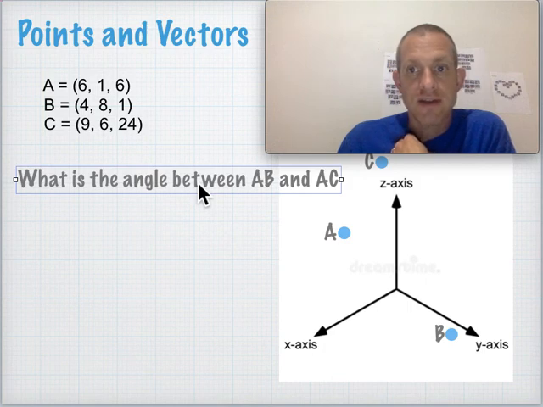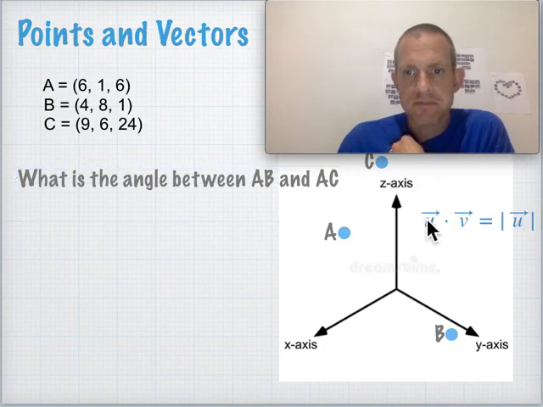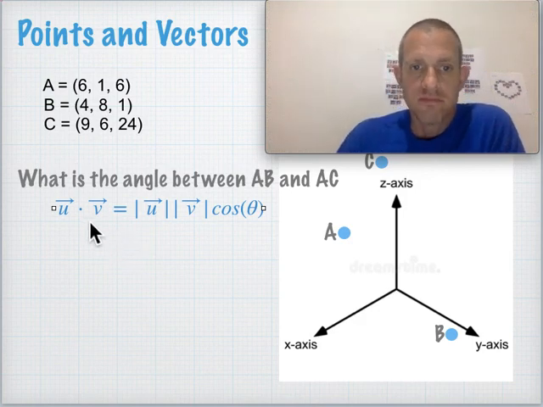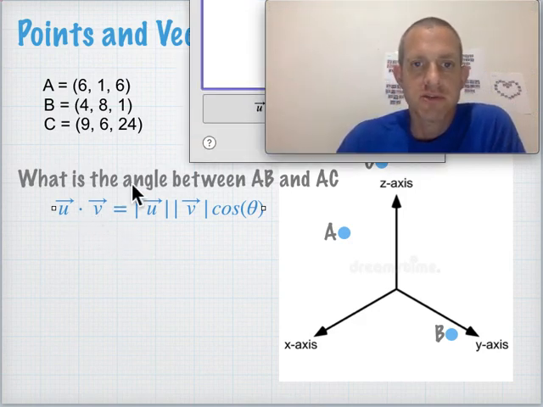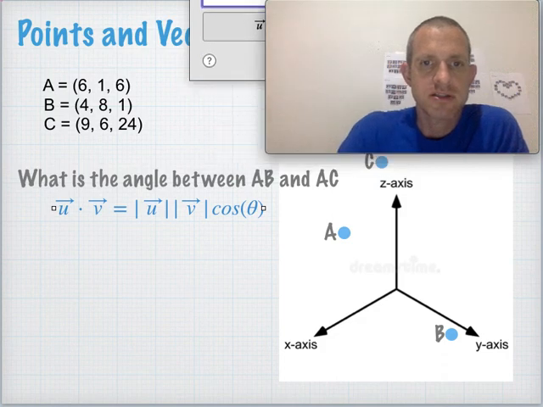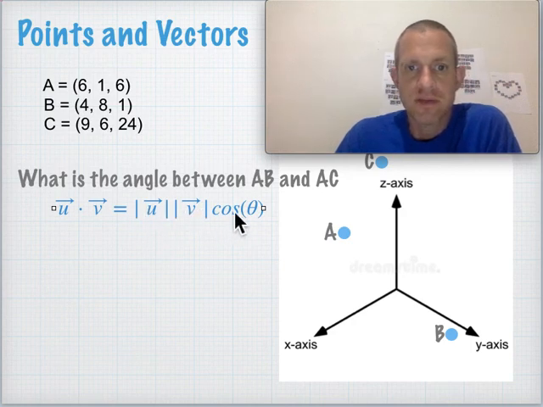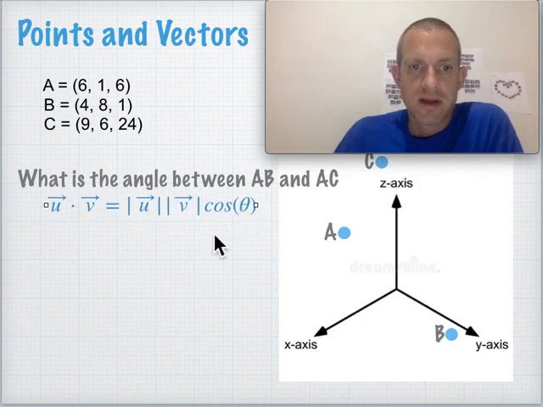How do I find that? We learned that there is a formula for finding that. There's a type of multiplication called the dot product, and if you find the dot product, that's a number. If you compare that to the lengths of the vectors using this, you can calculate what theta is. So why don't we do a couple calculations?